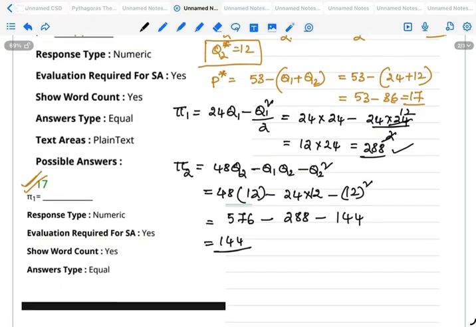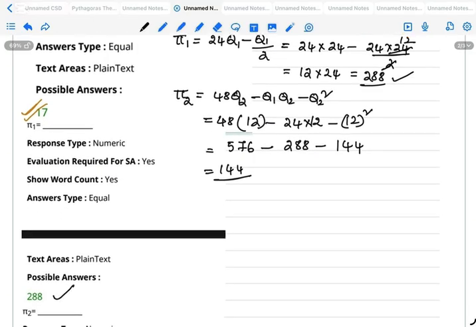So pi 1 equals 288, correct. Pi 2 equals 144.